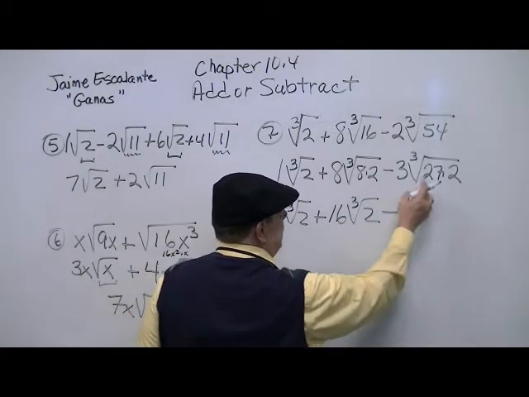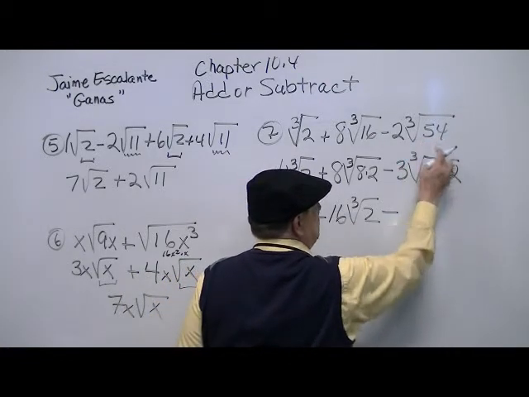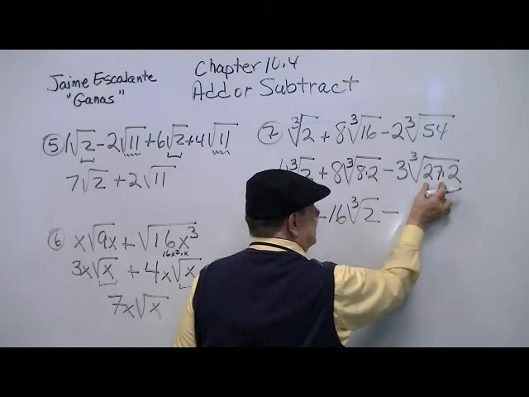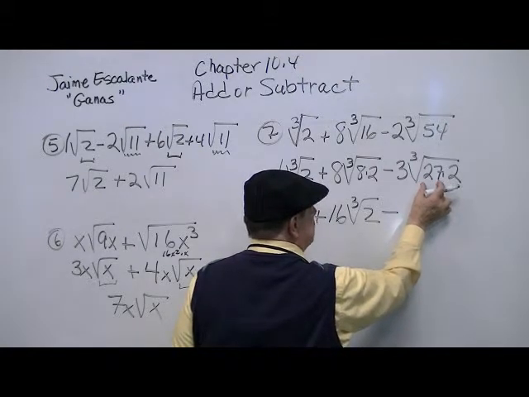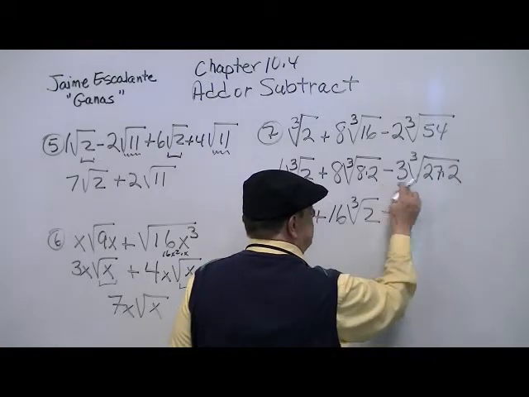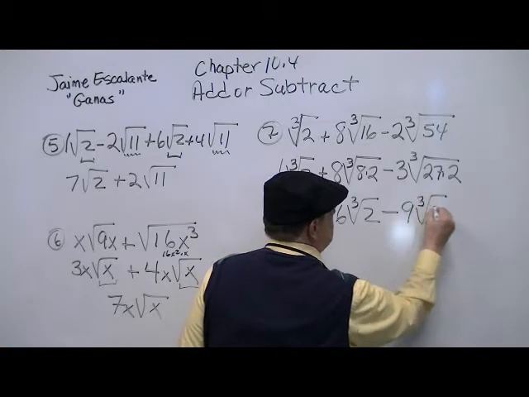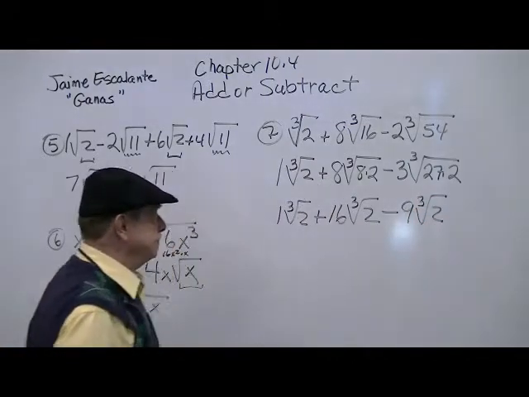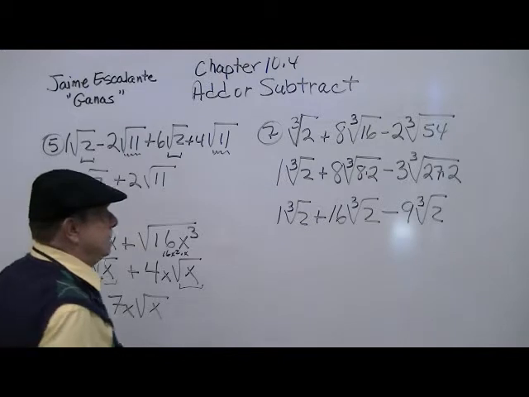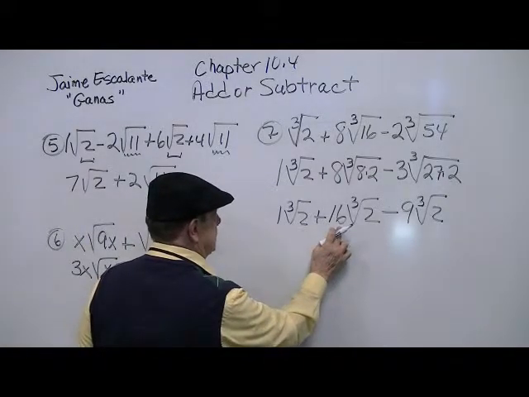Minus, and then 54, I could take a 2 out of there, and it became a perfect cube factor, 27. So cube root of 27 is 3. Negative 3 times 3 is negative 9, the cube root of 2. So here we have one of these.